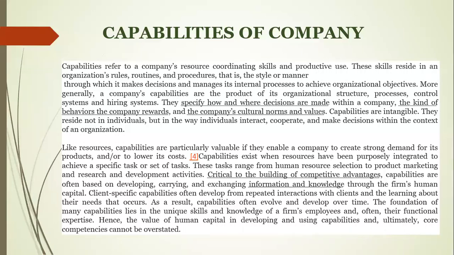In a highly and intensely competitive industry, an organization cannot afford to get things wrong, because one single mistake can be very, very costly. One single mistake may force an organization to exit from that industry. So in such scenarios, the capabilities of a company become very, very important.